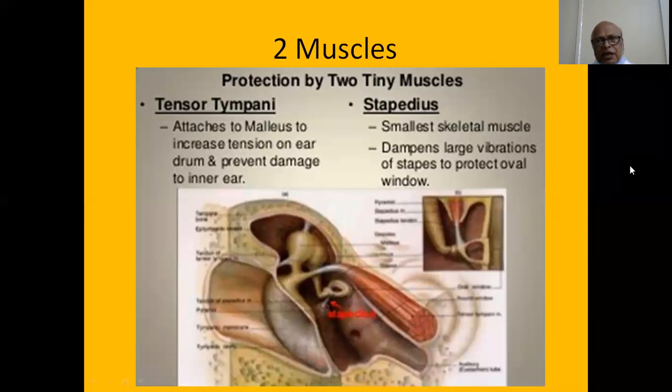It traverses the middle ear cavity from posterior to anterior region to disappear into the canal of the chorda tympani nerve, which carries taste fibers from the anterior 2/3 of the tongue.